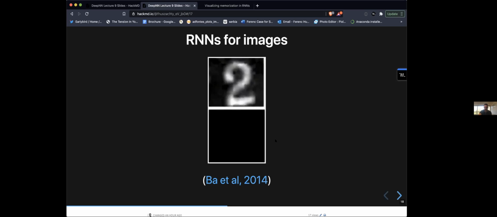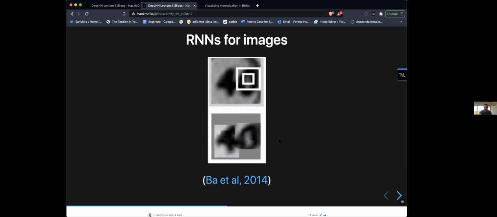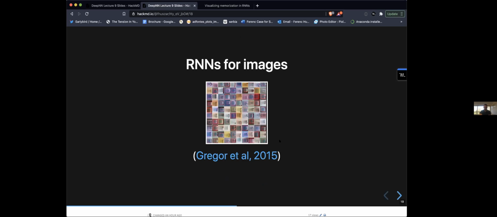This is a relatively early example of using RNNs in a non-text context. Here is another example doing this basically in color. It is generating images by essentially moving a cursor around and refining small parts of an image. And this is how you turn the image generation problem into a sequential problem of generating the image bit by bit.